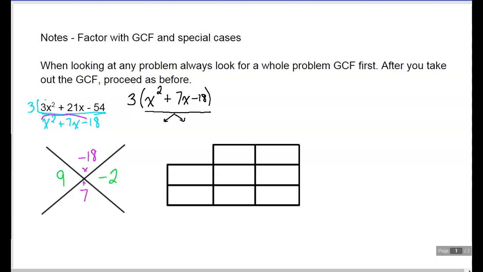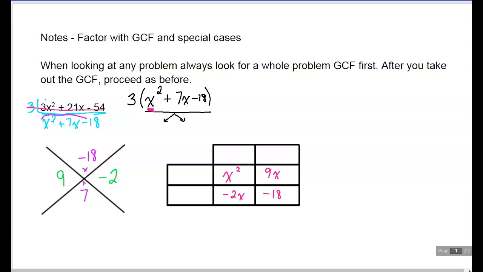So now that I've done that, I'm ready to fill in my box to do my factor by grouping. So I'm going to put x squared here, because remember you're using this one, not the original problem. We're done with the original problem. And then 9x is going to go here. Negative 2x is going to go here. Negative 18 is going to go here.